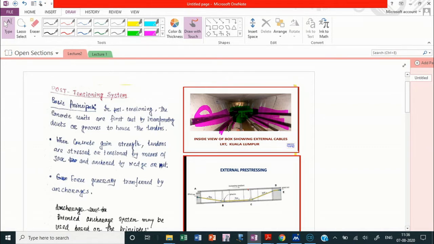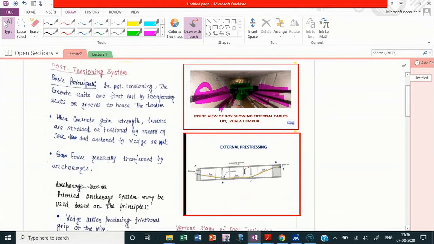These are usually used for giving the eccentricity, the proper profile of your prestressing system. Here also it is used, as the tendons are not inside the concrete, they are external to the concrete. So here we have to construct a block. Generally these are called block anchorages.